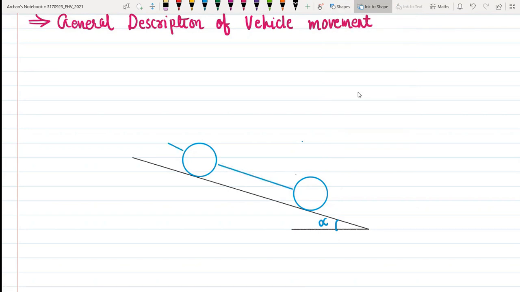Pardon me for my drawing, but this somewhat resembles the shape of a vehicle, right?